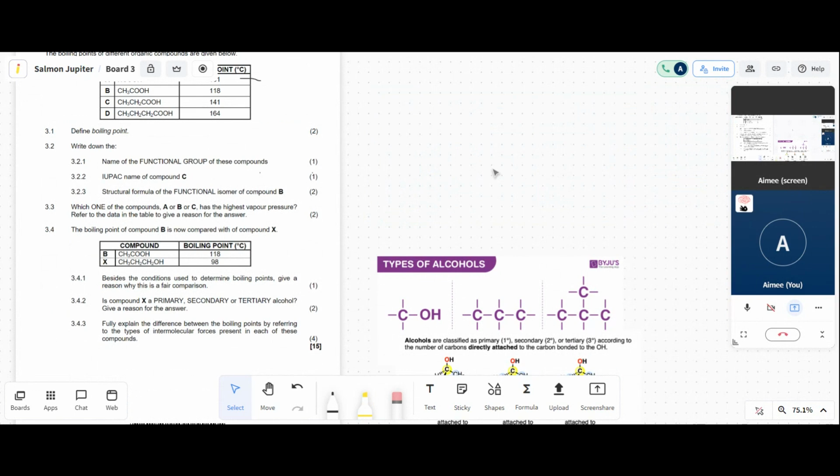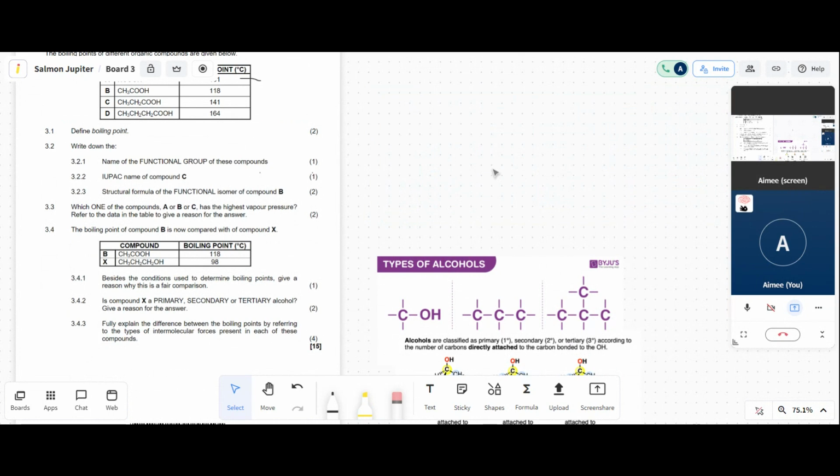Next, question 3.4. The boiling point of compound B is now compared with that of compound X. Okay. So 3.4.1 says, besides the conditions used to determine boiling points, give a reason why this is a fair comparison. Okay.